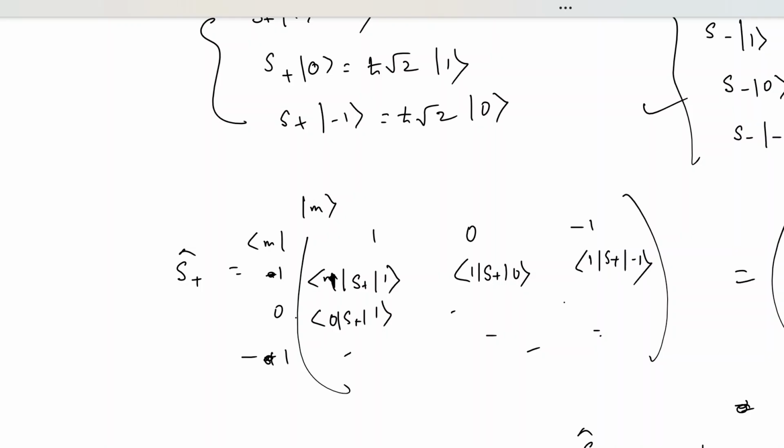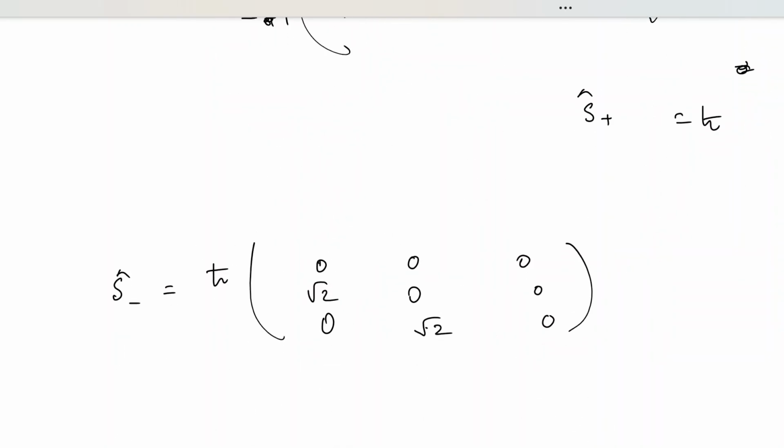So once you have that, you know that your Sx is nothing but (S plus + S minus) by 2, which is basically ħ by 2 times 0 root 2 0 root 2 0 root 2 0 root 2 0.